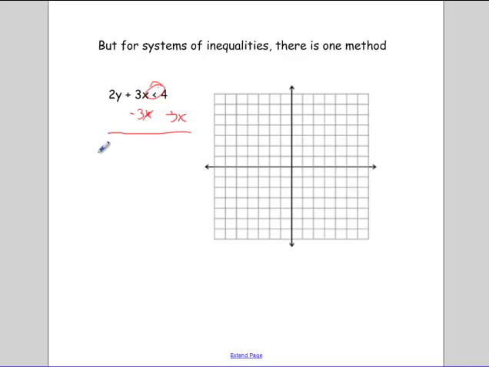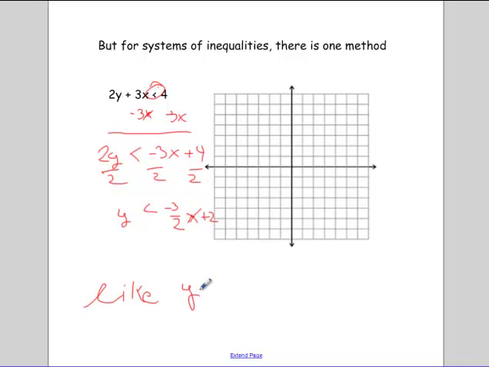So after the first step, 2y is less than negative 3x plus 4. And then I divide everything by 2. So I get y is less than negative 3 halves x plus 2. Now that's like, but not exactly, y equals negative 3 halves x plus 2.